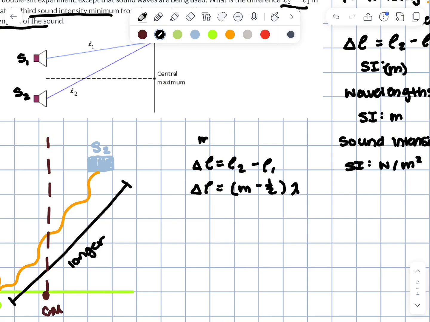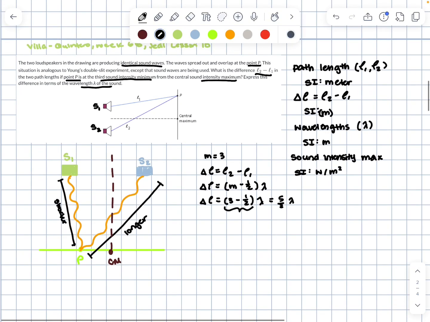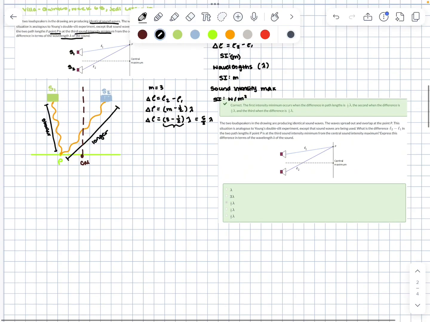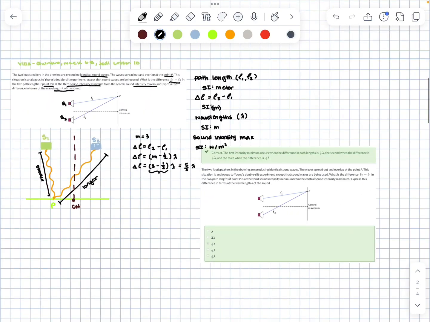So if we set m equals 3, then we can plug all those values in. So we know that delta L equals 3 minus 1/2, and then we have lambda here. And so if we plug this into our calculator, we get 5/2 lambda. And that we can go ahead and check. And that checks out with our final answer.